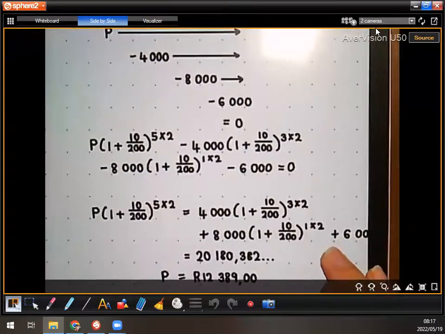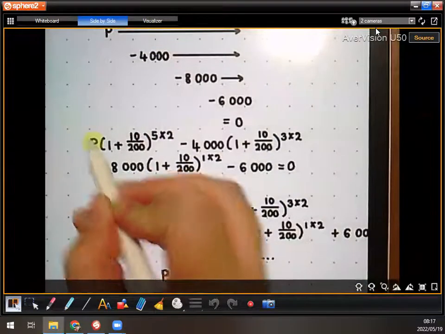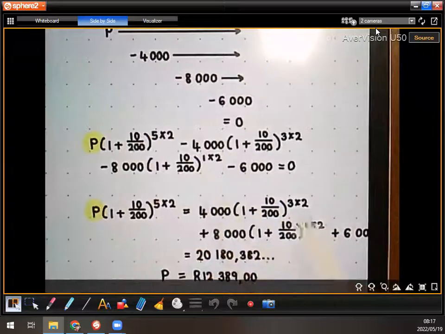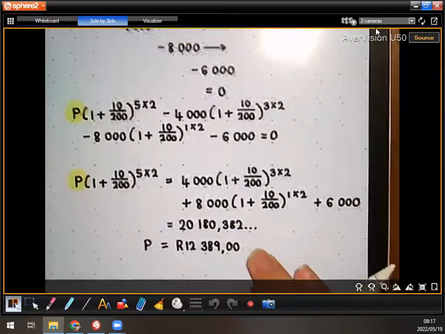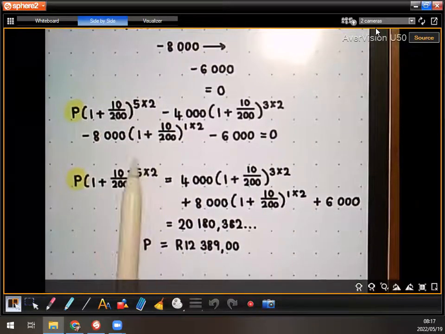Then guys, just like we did yesterday, you now need to solve for P here. So you need to get all the other terms on the other side. Since they are all negative on the left-hand side, and I move them across, they're all going to become positive. Then I just work that off. What you need to do is take this amount and divide it by that bracket, the whole 1 plus 10 over 200 to the power of 10.